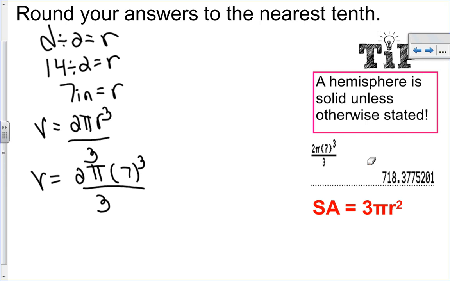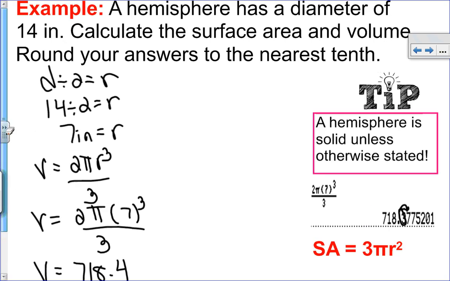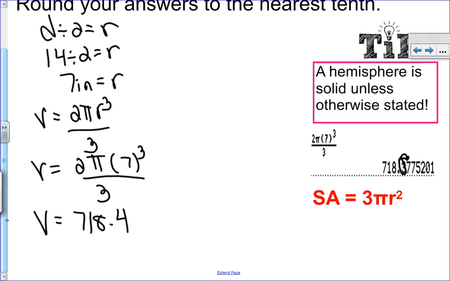And I want to round this to the nearest tenth. So here's my tenths position, the 3. I look to the right and it's a 7, which tells me to round it up. So my volume will be 718.4. I believe my units were inches, yes. And this is volume, so they are cubic inches. So really pay attention to the rules of rounding.